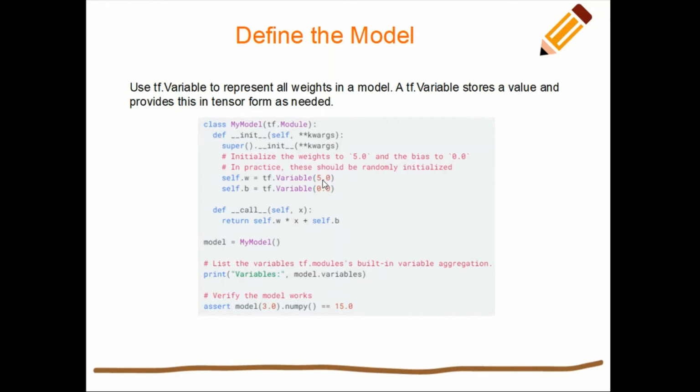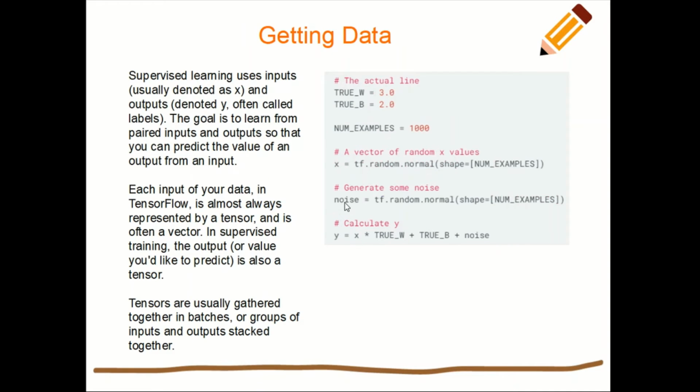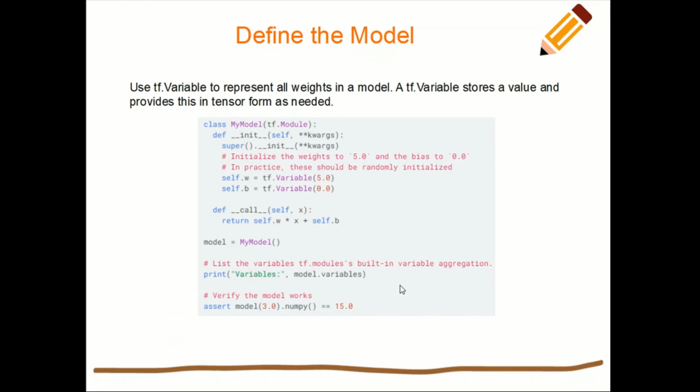We are setting these values as 5 and 0, which are different from our true weight and bias, because we want to see how the training works, how the weight and bias are going to get adjusted during the training. Once again, we are going to return W times X plus bias.